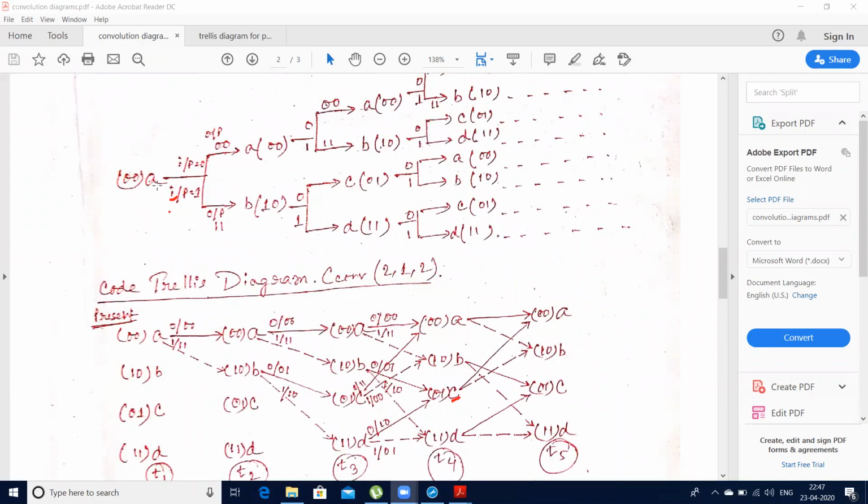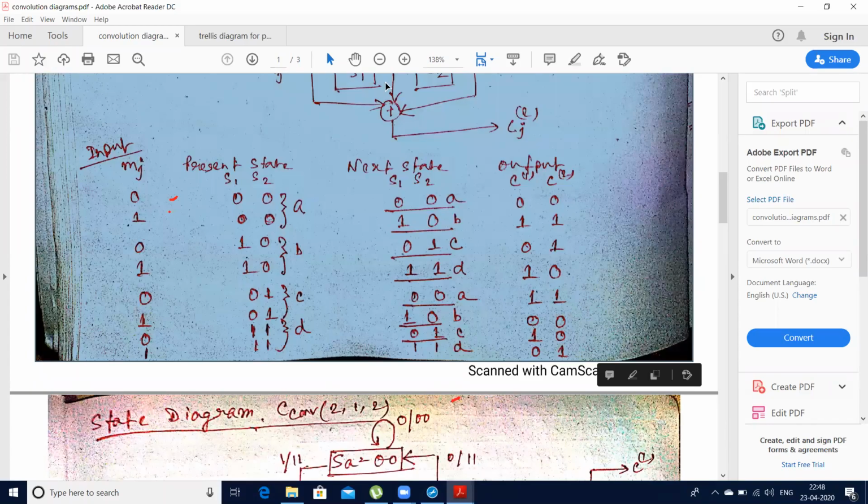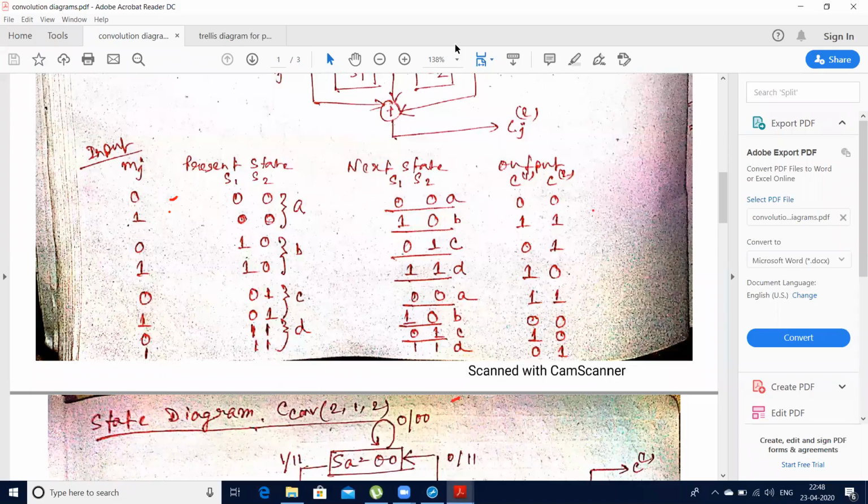From A, the initial state, this arrow is for the 0 input, and this is the corresponding output, which I'm taking from this table, 0 0. So this is my initial state, this is the input, 0, and the output, 0 0.